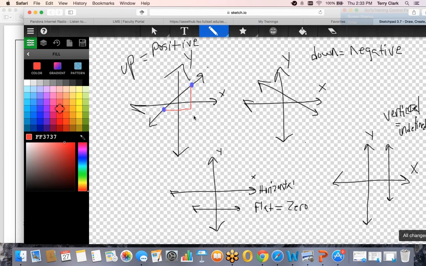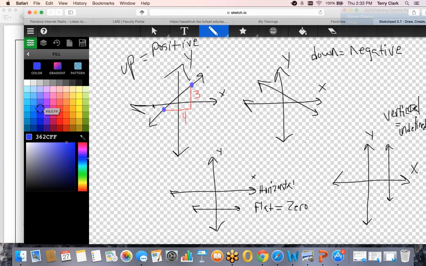When we did that, we went over 4, and then we went up 3. That's how we came up with the 3/4. We went over 4 to get underneath the next point, and then we went up to reach the next point, and that gave us 3/4.